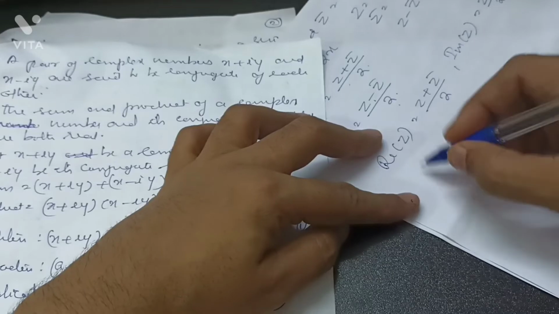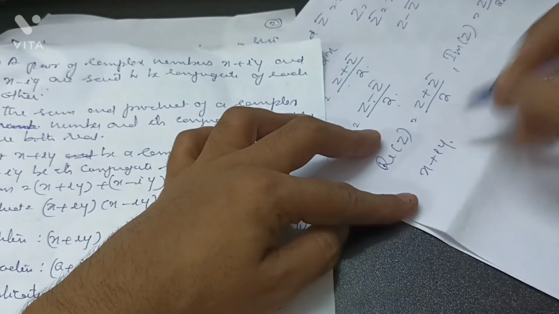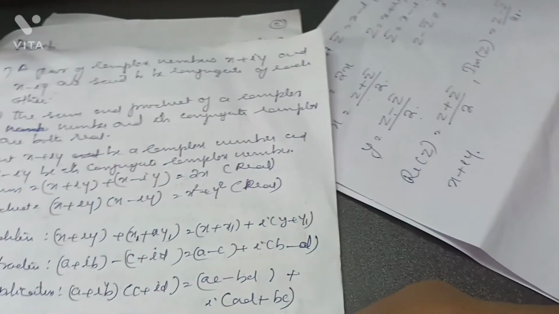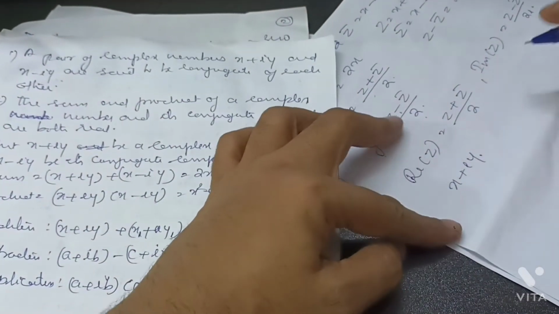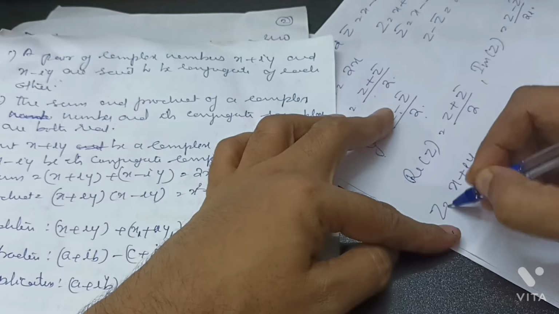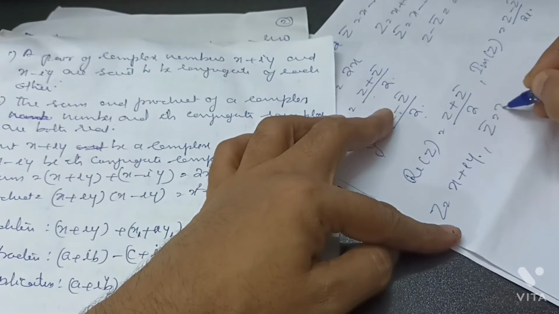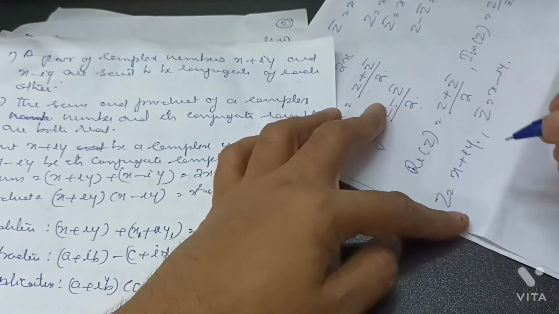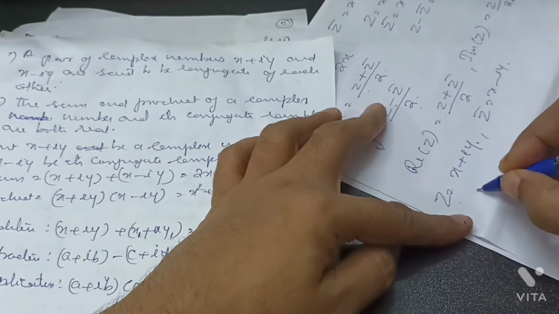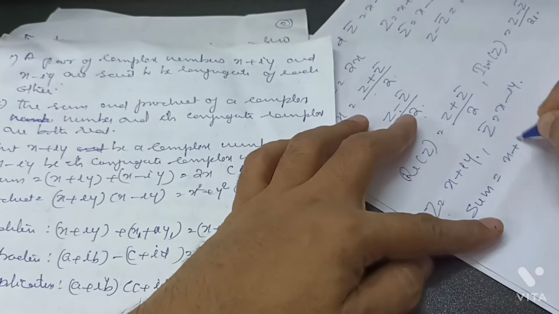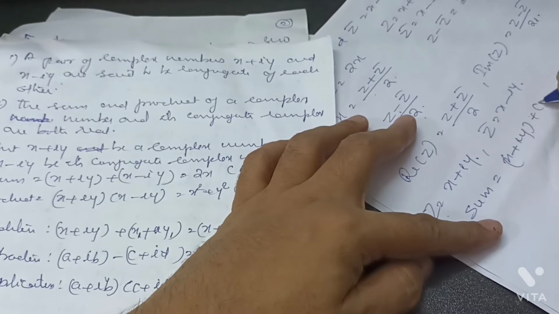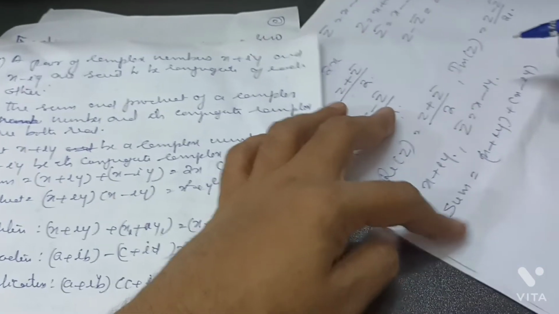So let us see. Suppose x plus iy is a complex number, and x minus iy its conjugate. Suppose z equal to x plus iy, z bar is x minus iy. So when you add z plus z bar, what do you get? X plus iy plus x minus iy.